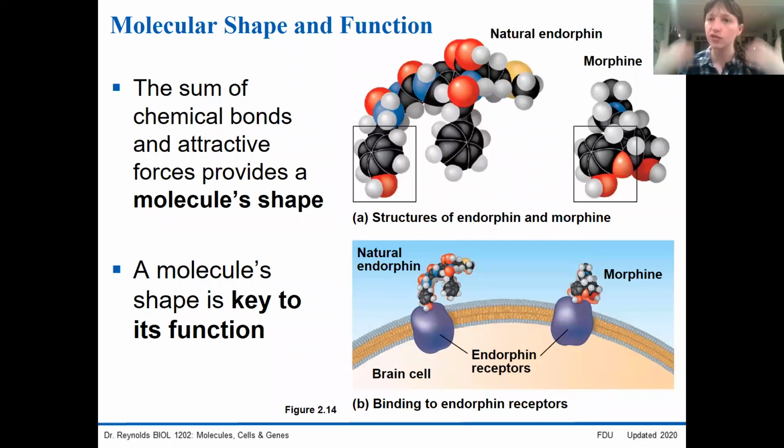Your brain tells your knee to grow bigger when you're going through puberty, but it doesn't actually work that way. What happens is a cell produces a hormone which travels through your body and actually physically touches another cell. And it's going to be the shape of that hormone that determines who it can touch and what that final interaction is going to be. Shape, the shape of a particular molecule is its function.